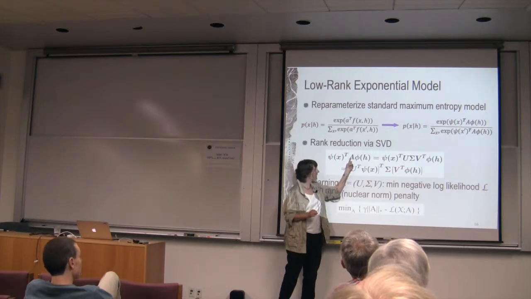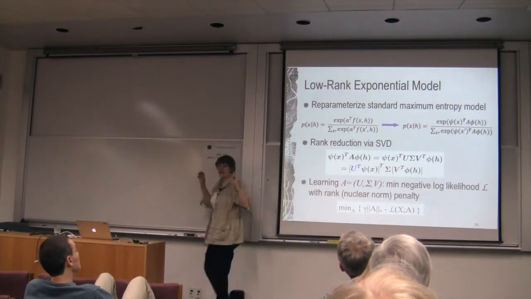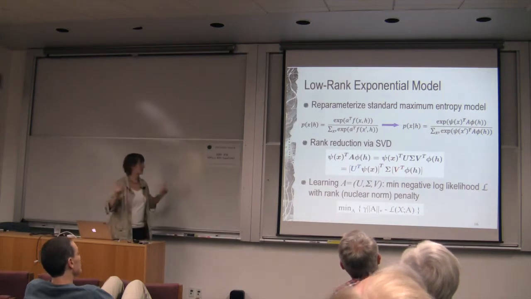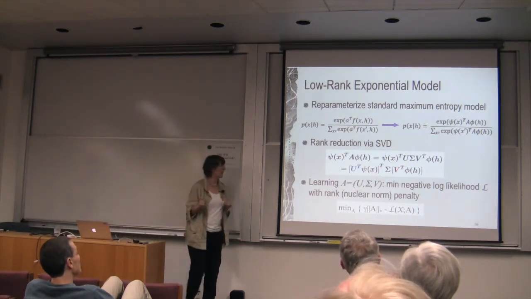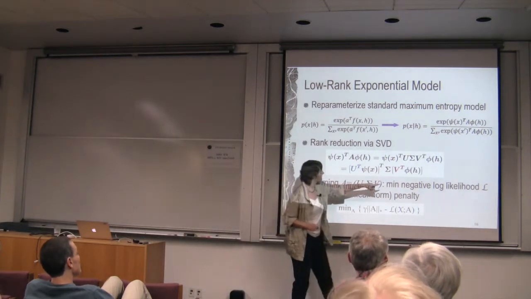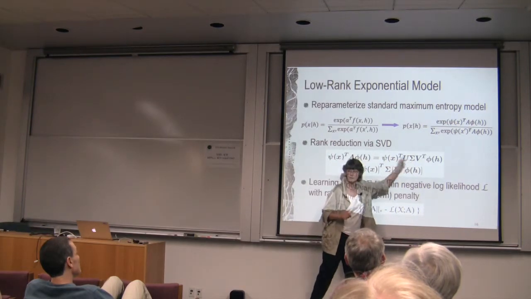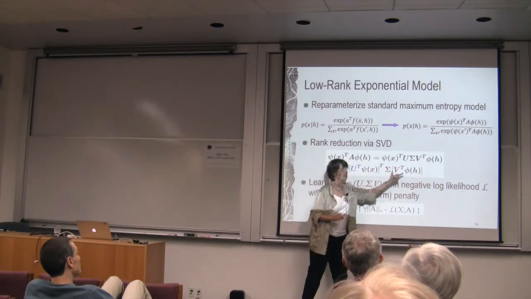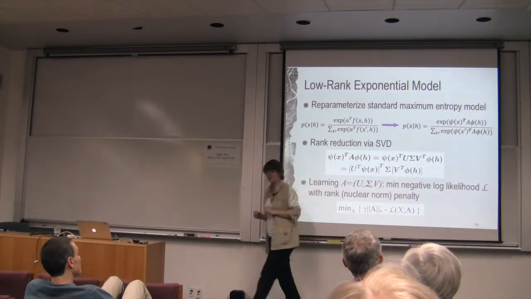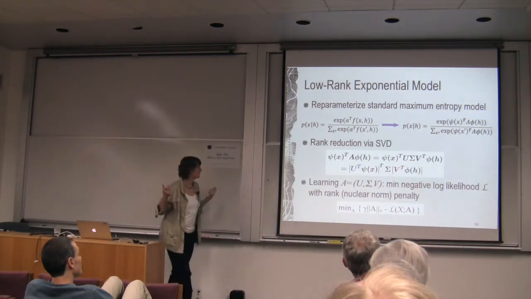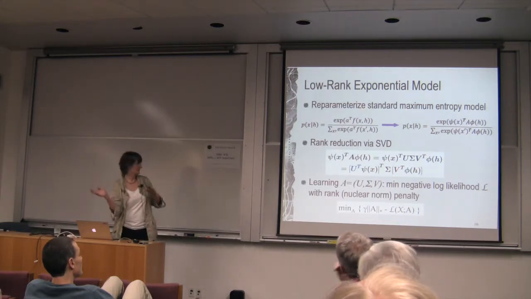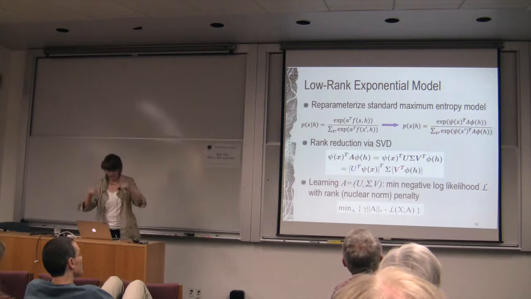Now, if I take that matrix and do singular value decomposition to represent this in a low rank way, I can rewrite this in terms of two transformations of the word space. I can train this using standard log likelihood and gradient searches.